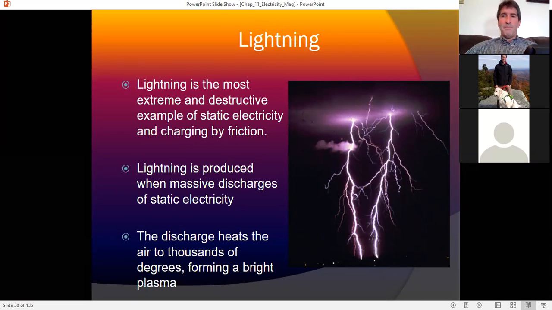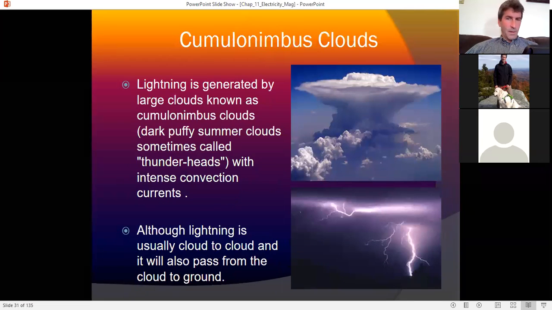Lightning is a big Van de Graaff generator, but what happens inside of it, instead of a big rubber belt that moves here, what you have instead are huge updrafts from the warm, moist air going higher into the clouds, and then large downdrafts where the rain is pulling the particles down.